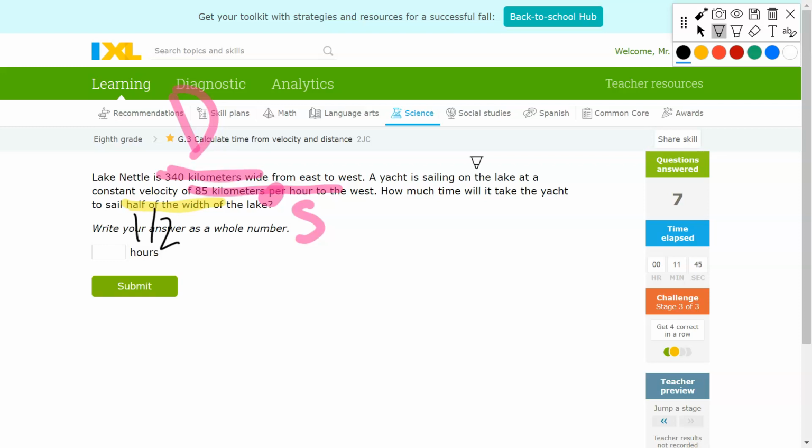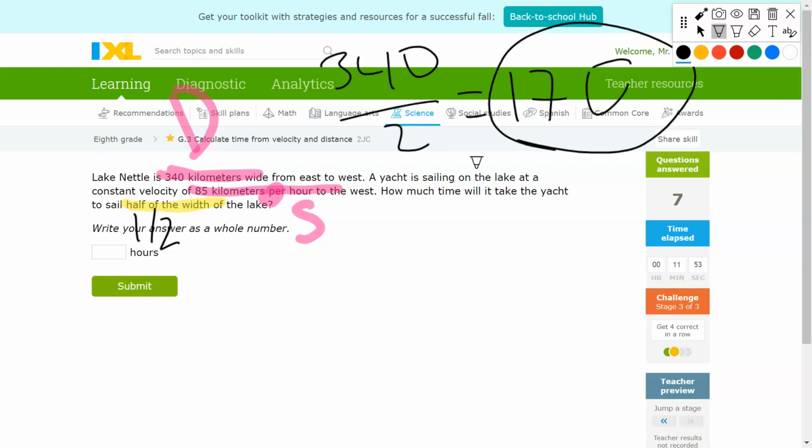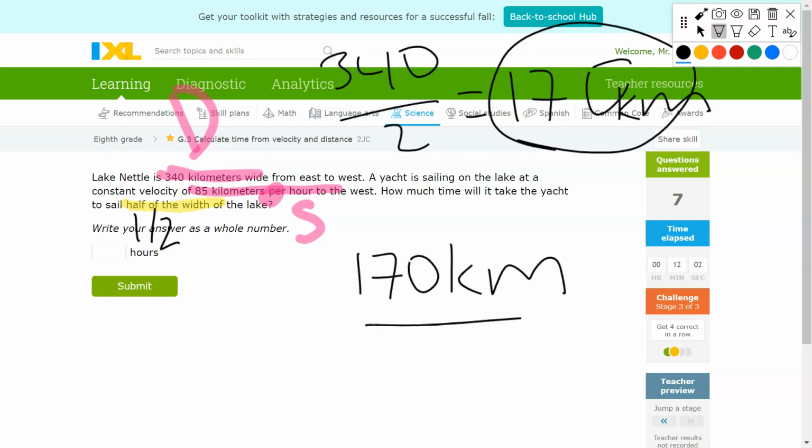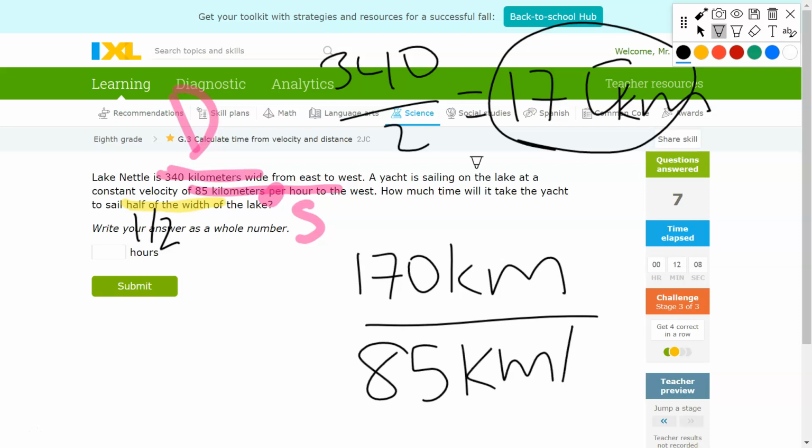So 340 divided by 2 is 170, so this is your actual amount of distance we're assessing, in kilometers. So you're going to do 170 km divided by the speed, which is 85 kilometers per hour, and lo and behold, the answer is 2 again.